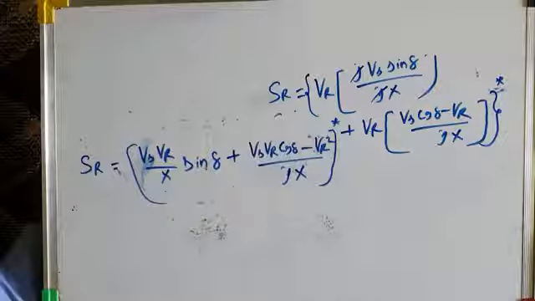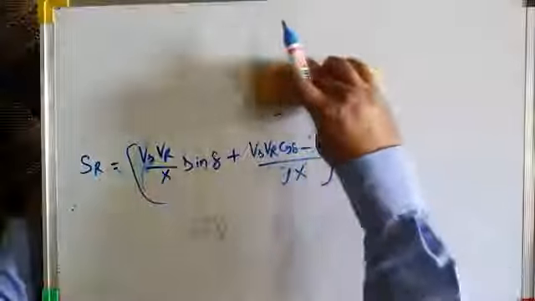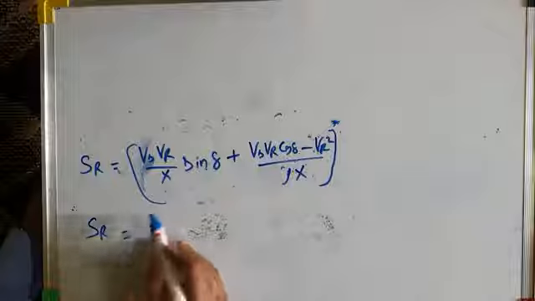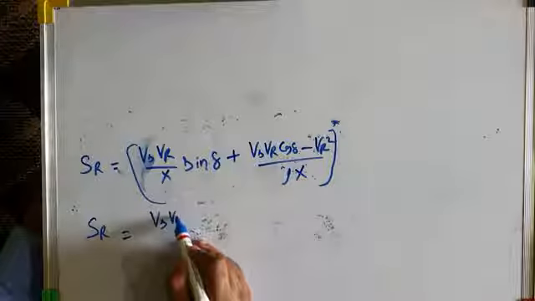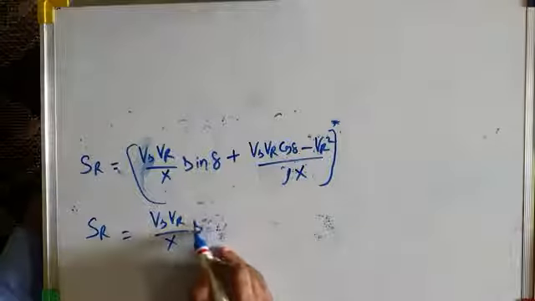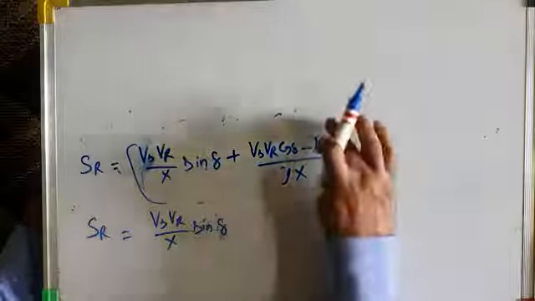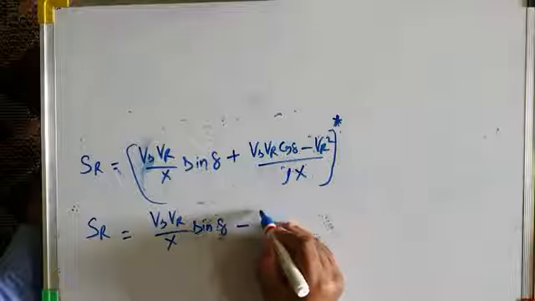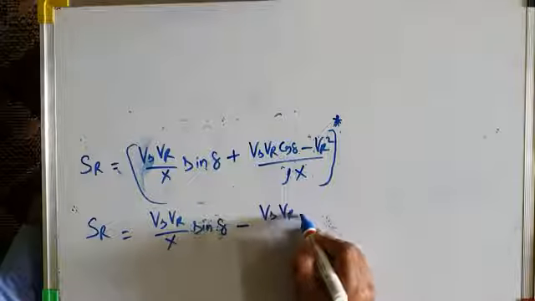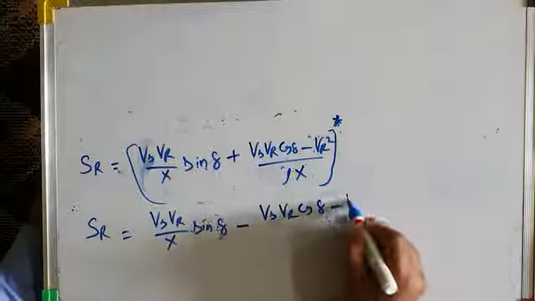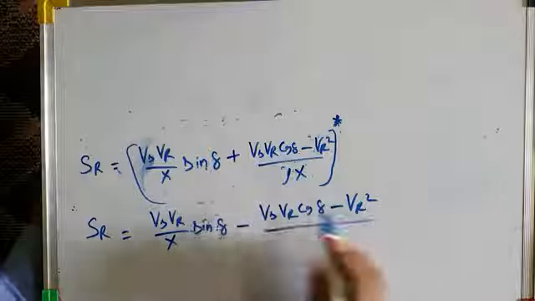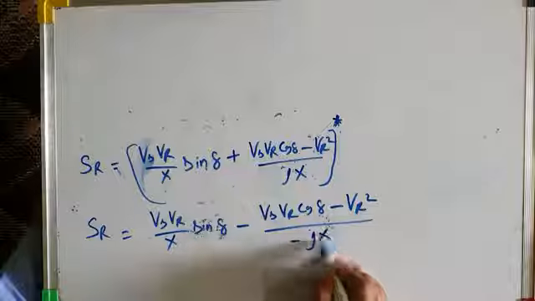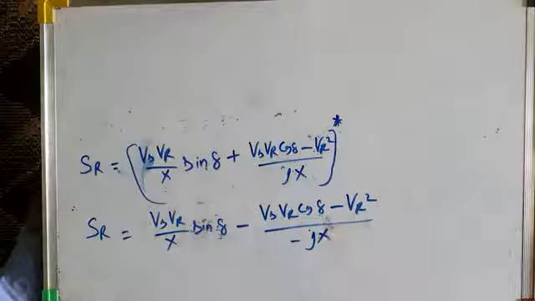conjugate. So if I remove this star, complex conjugate, then this SR will be equal to Vs VR by X sine delta. Then if I remove this star, this plus will become minus Vs VR cos delta minus VR square, and this will also become minus. It was plus Jx, it will become minus Jx, after removing this complex conjugate.